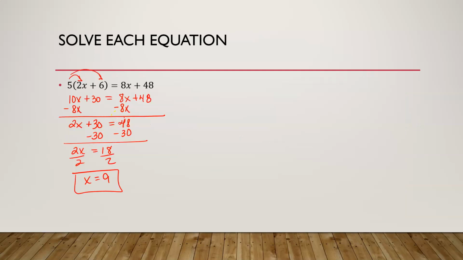Okay, so let's go back and look at the section that says types of equations. If you have an equation with one solution, that means you're going to find one value for x. If you look at the problem, it's going to have different coefficients.